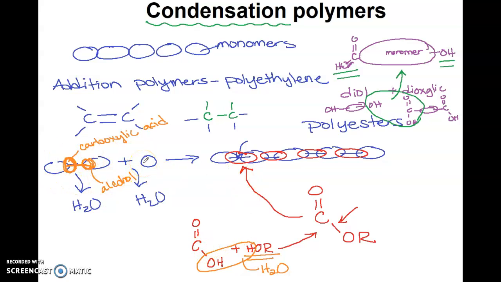Condensation polymers are polymers created through a condensation reaction, and an example of those is our polyesters. In order for a polyester to form, the carboxylic acid at one end of one monomer will react with the alcohol group of the next monomer. That next monomer still has its own carboxylic acid group open and available to react with the alcohol of the next, and so on into eternity.